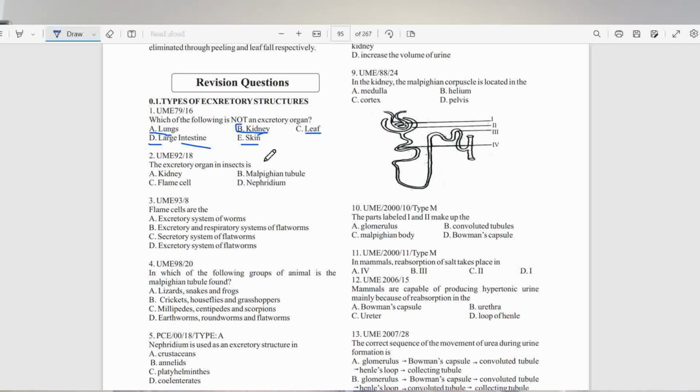The large intestine is an important part of the digestive system, right? And it's the final organ in the gastrointestinal tract. So as an organ of excretion, its main function is to eliminate solid waste that remains after the digestion of food and the extraction of water from indigestible matter in food waste.